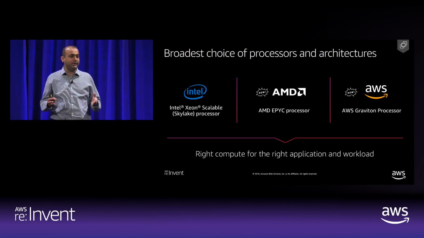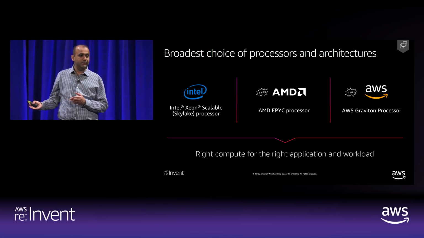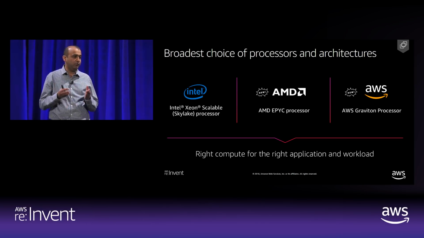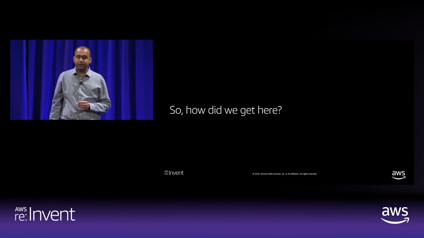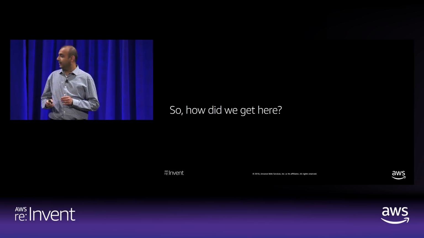So this essentially now delivers the broadest choice of processors and architectures within EC2 and the cloud so that customers can pick the right compute for the right application and their workload. So how did we get here to designing our own Amazon AWS Graviton processors and our CPUs? Let me call on Ali to tell us more about the details.